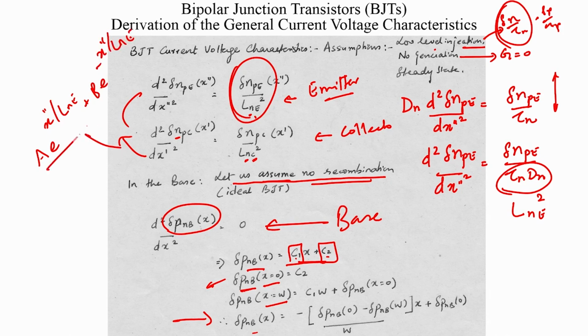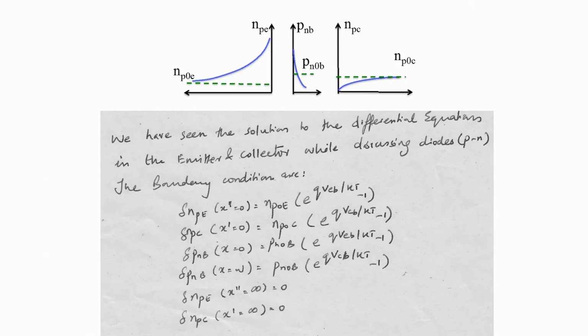Okay. We have already seen the solutions in the case of a p-n junction. We will do that again, but what are the boundary conditions? The boundary conditions are exactly what we used for a p-n junction. So, if you have understood p-n junction theory well, BJT is quite straightforward because we are just using the same ideas again and again. So, what are the boundary conditions?